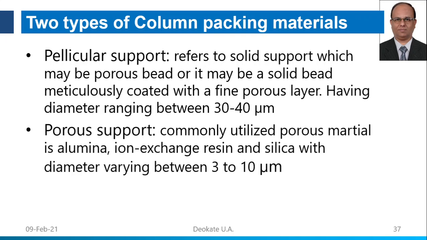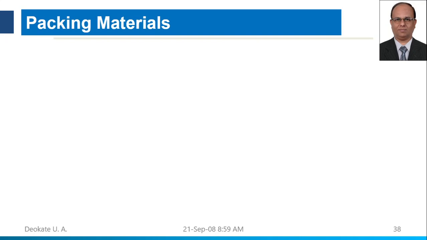The another type of the packing material used in column is a porous support. It commonly utilizes porous material, that is alumina, ion exchange resins and silica with diameter varying from 3 to 10 micrometer.